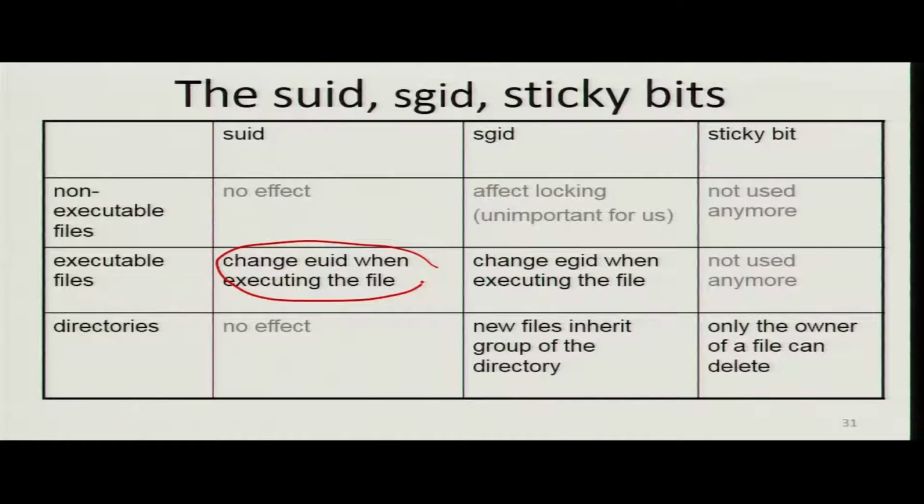For the group ID also, it is the same thing: when executing the file, it changes the effective group ID, and in case of directories, new files that are created in the directory inherit the group of the directory, and this is useful when you are doing some work as part of a group and creating new files in a directory.